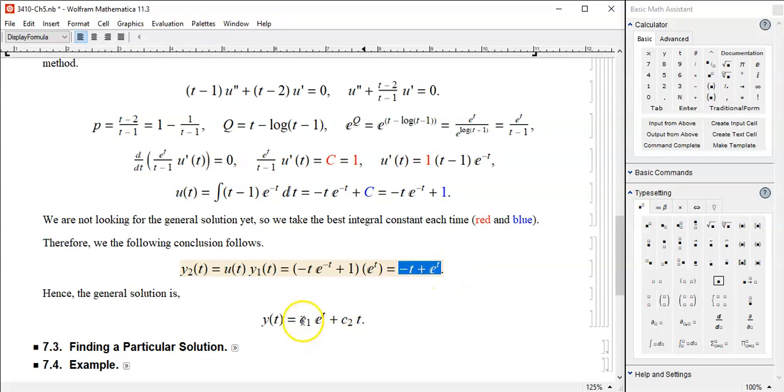So your general solution is c1 exponential plus c2, and then we have negative t plus 1 times e to the t power.